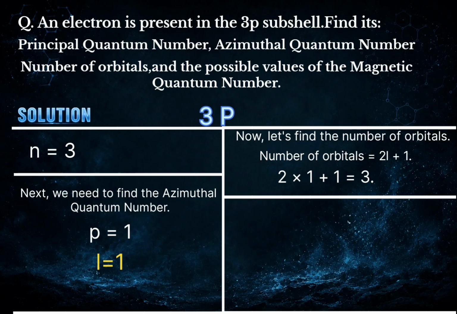So the possible values of m sub L are 0, plus 1, and minus 1. So our final answers are: principal quantum number equals 3. Azimuthal quantum number equals 1. Number of orbitals equals 3. Possible values of m sub L are minus 1, 0, and plus 1.